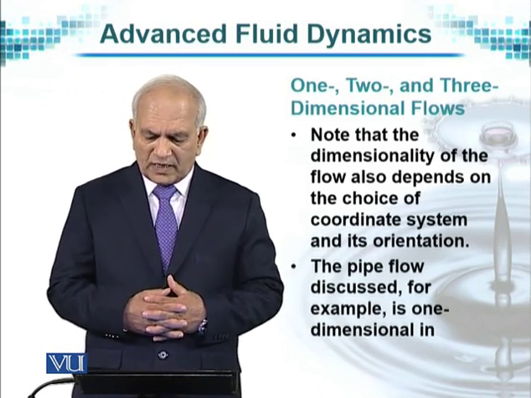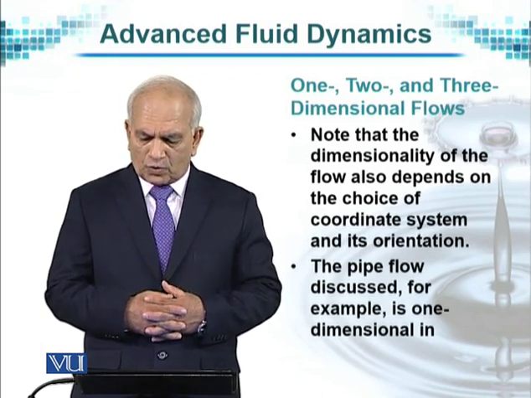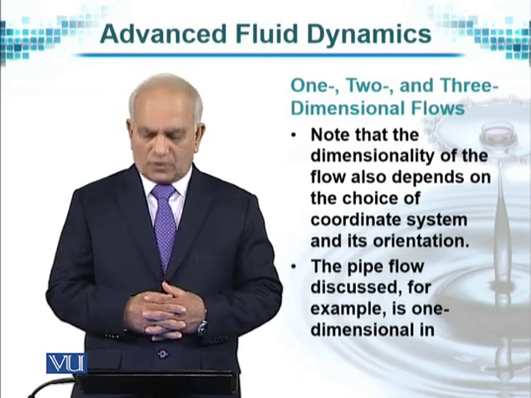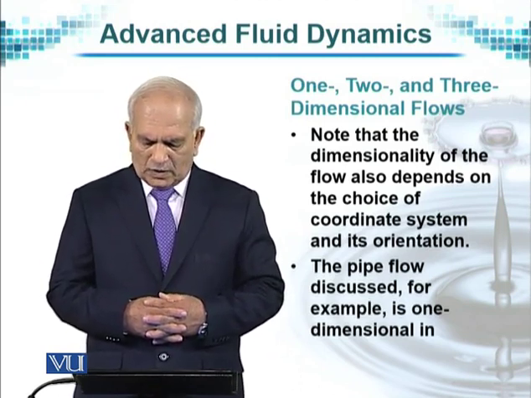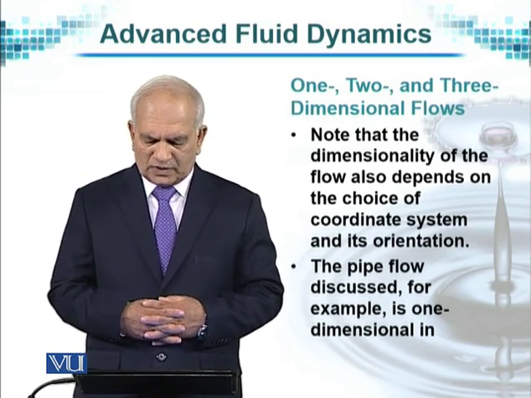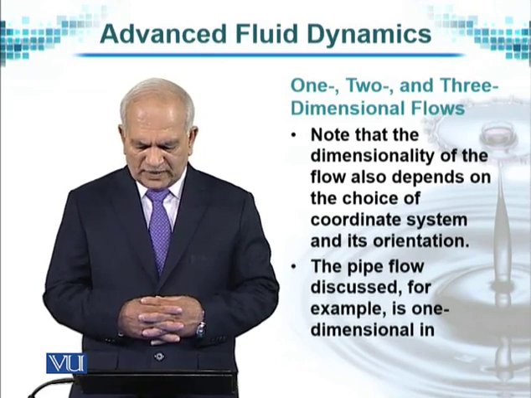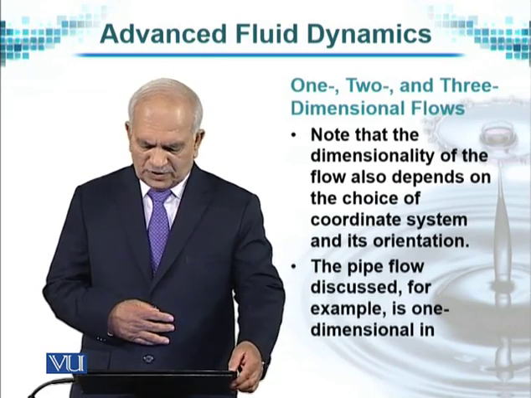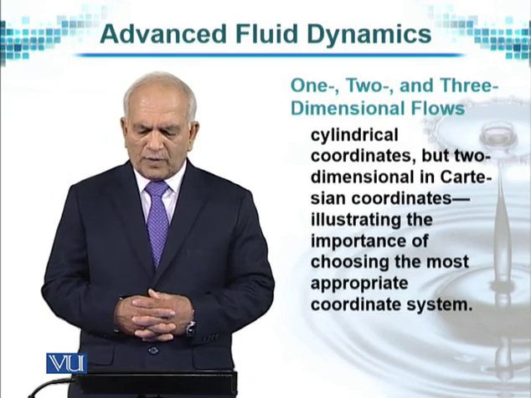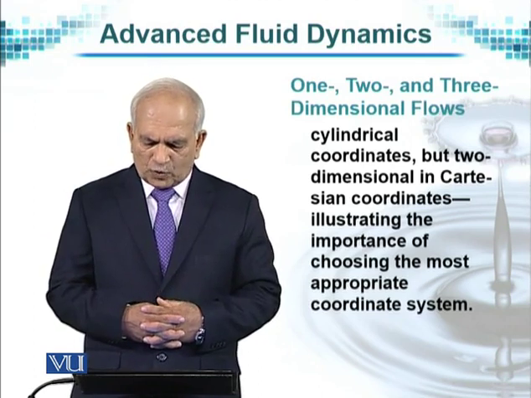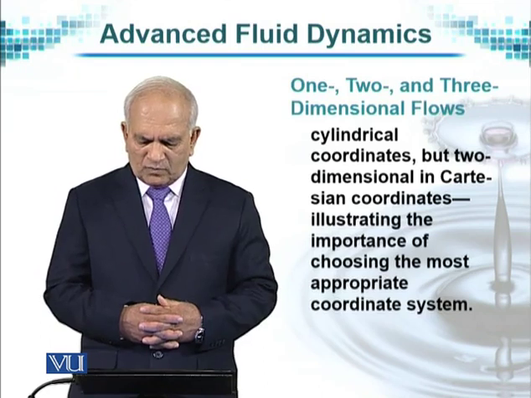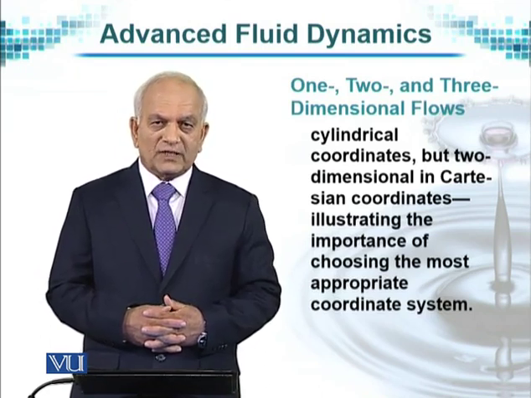Note that the dimensionality of the flow also depends on the choice of coordinate system and its orientation. The pipe flow discussed, for example, this was just to discuss an example, is one-dimensional in cylindrical coordinates but two-dimensional in Cartesian coordinates, illustrating the importance of choosing the most appropriate coordinate system.